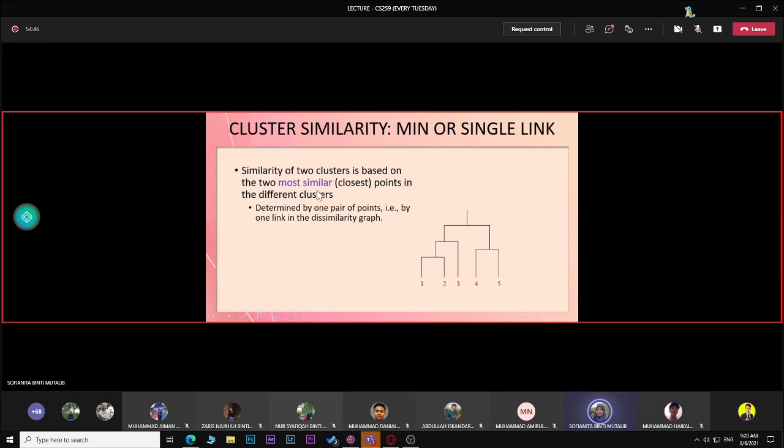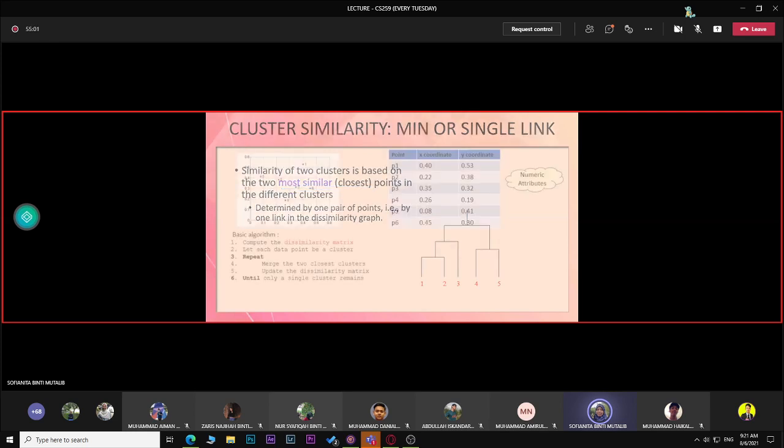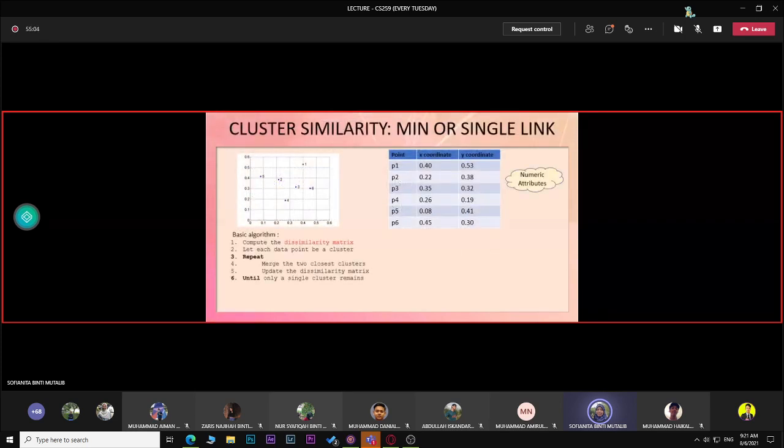Okay, it using the basic algorithm just now. It's using the basic algorithm, and the closest point will be used to determine the pair or merging process. Okay, given to you this information, and we have 6 objects, and the 6 objects can be presented in the 2D space here like this, okay, and this will be the coordinates of each object.